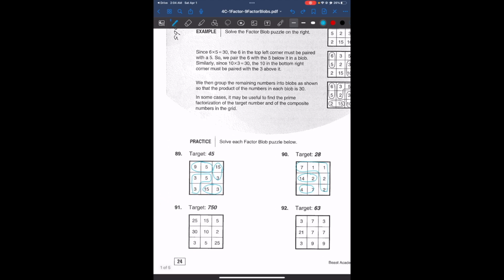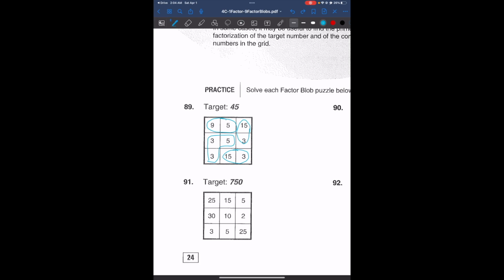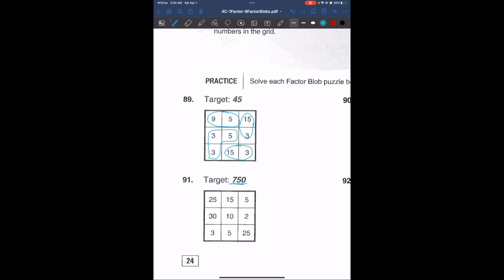For problem 91, we're going to use prime factorization because the target number is really big. 750 can be expressed as a multiplication of 3 and 250. 3 is a prime number itself, so we stop there.